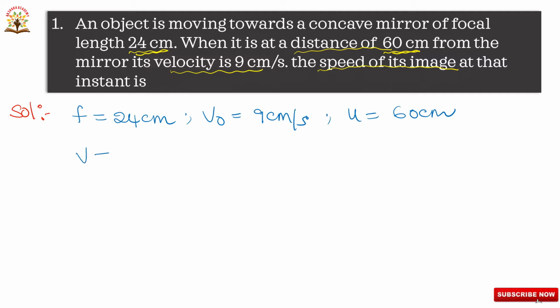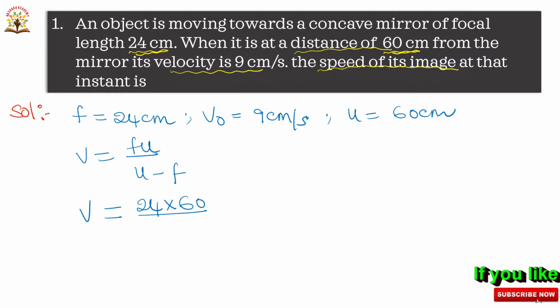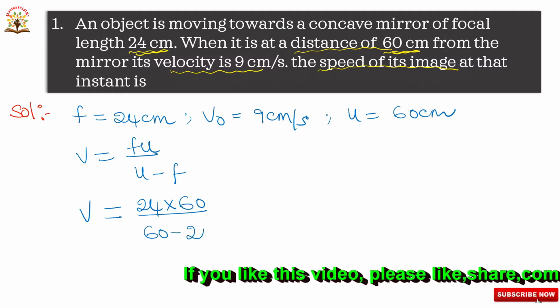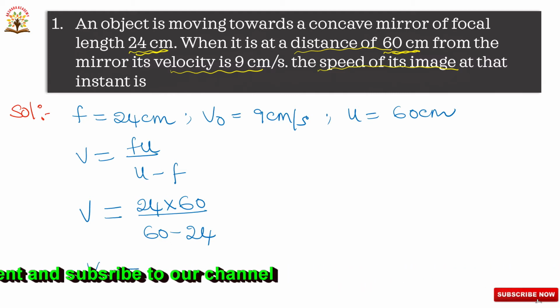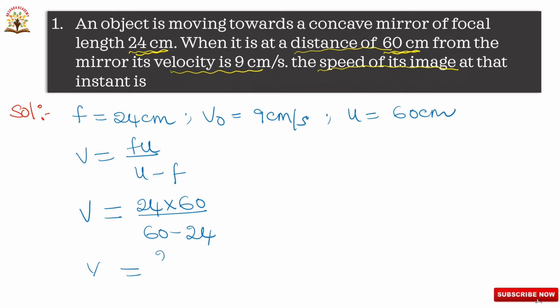v is equal to fu by u minus f. Substituting values, f is 24, u is 60, so v is equal to 24 into 60 by 60 minus 24.